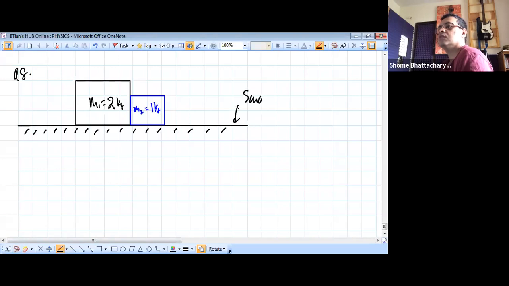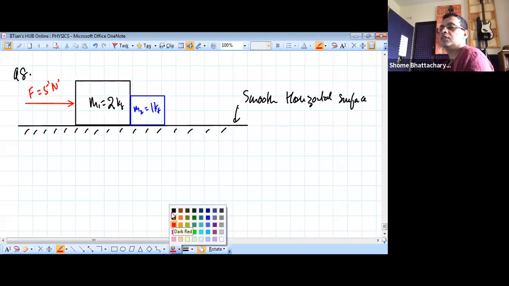Now what is happening is some external agent is applying a force on the 1 kg block, pushing it by application of a force of 5 newtons. So we want to find the contact force between the two blocks and the acceleration and all that.